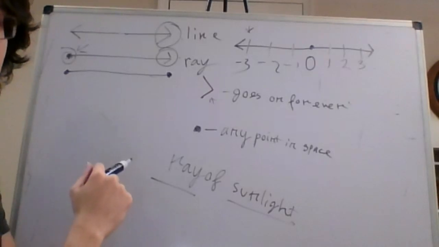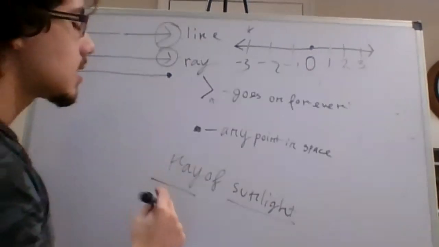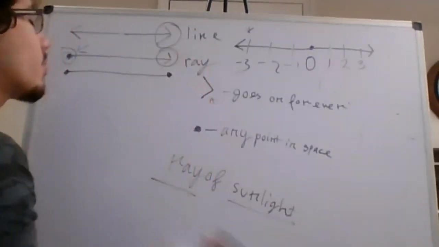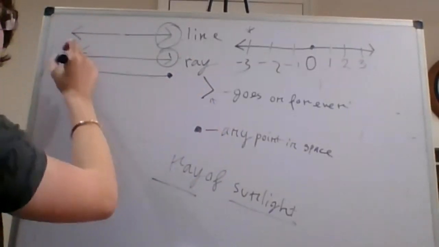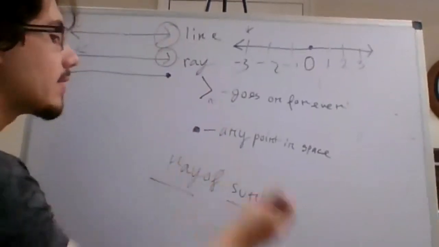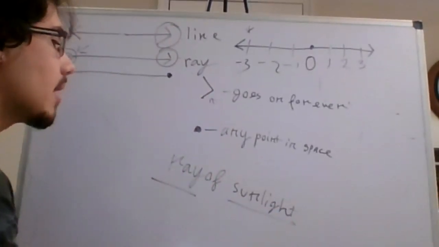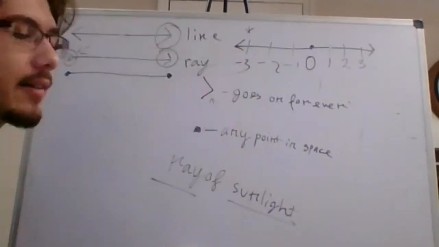Sorry, sir, I couldn't hear what you said. That's fine. So Mr. Nathan, this describes a ray. It means that the ray begins at this point and it goes on forever. This is where the term ray of sunlight comes from, because it is a ray that starts at a point and it goes on forever.